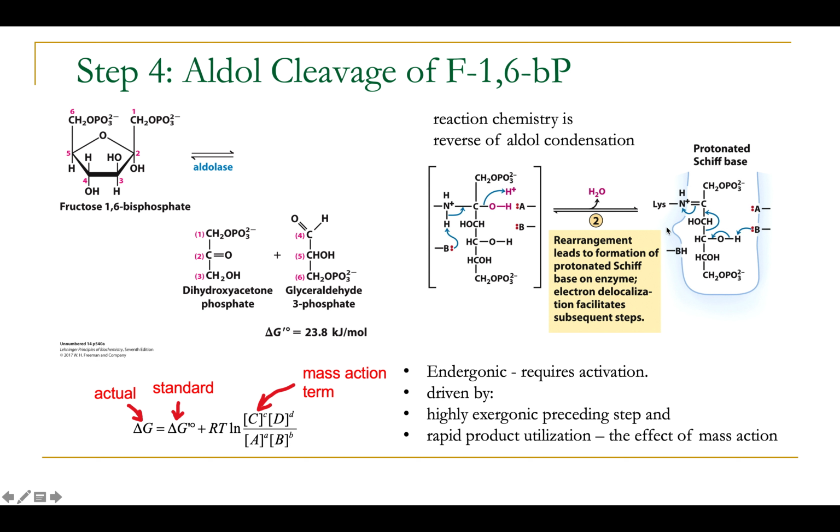This destabilizes the carbon backbone sufficiently to break it apart into two 3-carbon pieces. As such, the input in step 4, the 6-carbon fructose 1,6-bisphosphate, is converted to the two 3-carbon pieces, dihydroxyacetone phosphate and glyceraldehyde 3-phosphate.